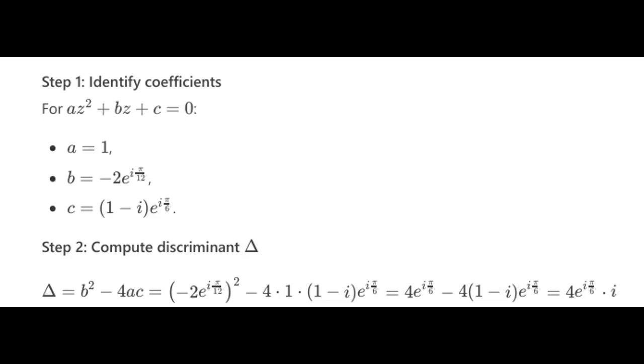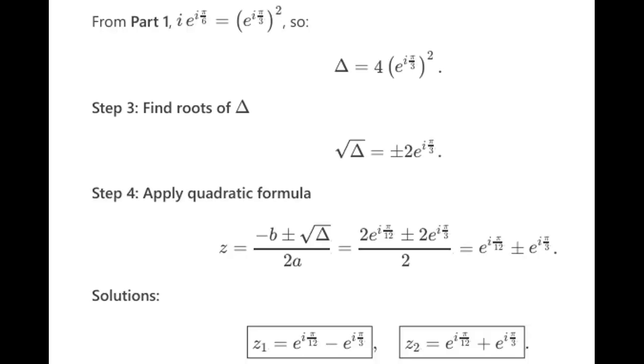From part 1, we know i times e to the i pi over 6 equals (e to the i pi over 3) squared. So, delta equals 4 times (e to the i pi over 3) squared. Step 3, square roots of delta. Since delta equals (2 times e to the i pi over 3) squared, its square roots are plus or minus 2 times e to the i pi over 3.